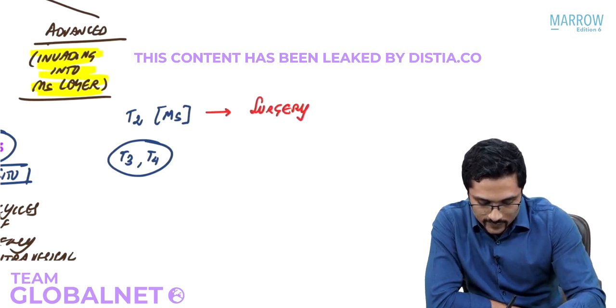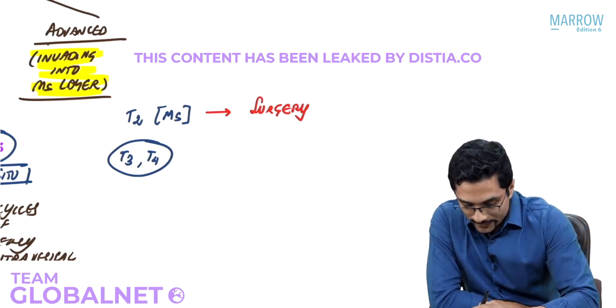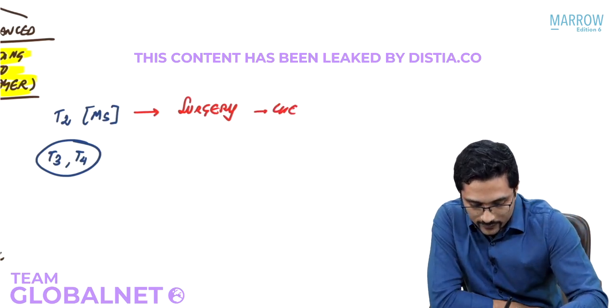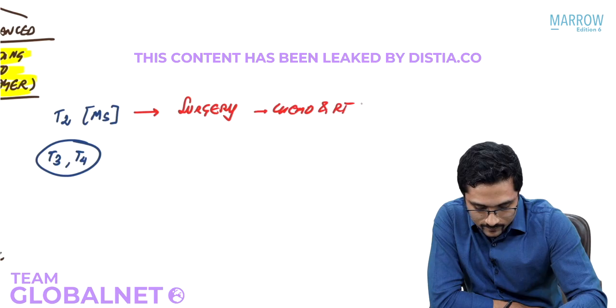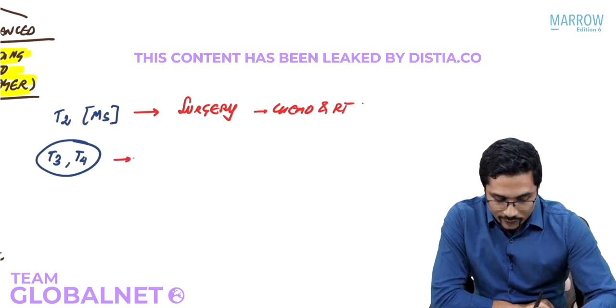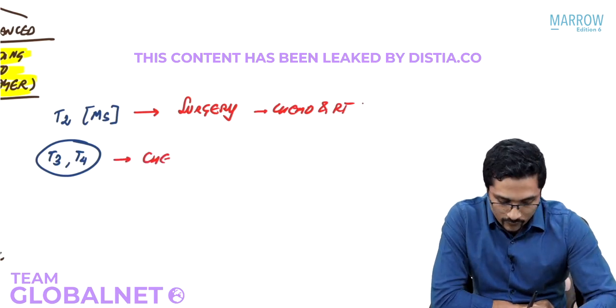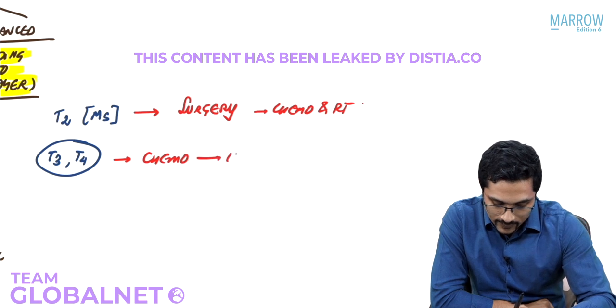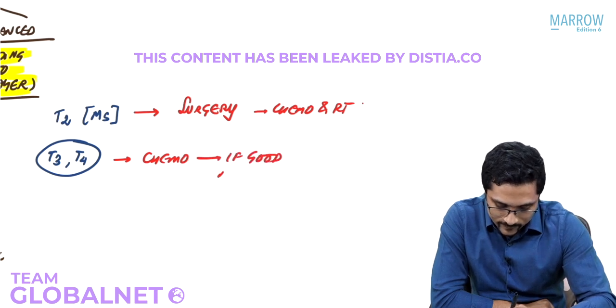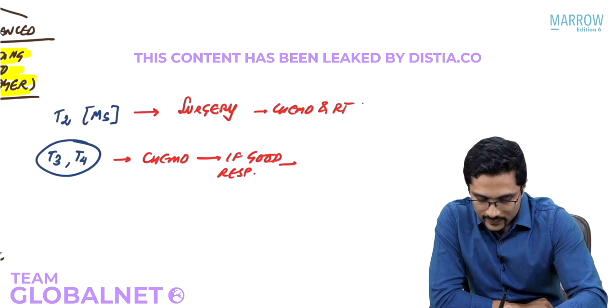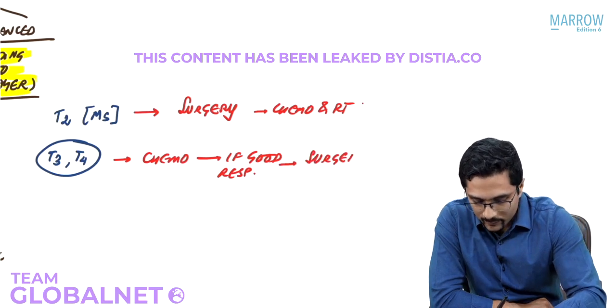I will tell you what are the surgeries which are done, and then it can be followed up with chemo and radio. Right? T3, T4, patient will get chemo first. If good response is there, then surgery can be done, and then it can be followed up with radiotherapy.